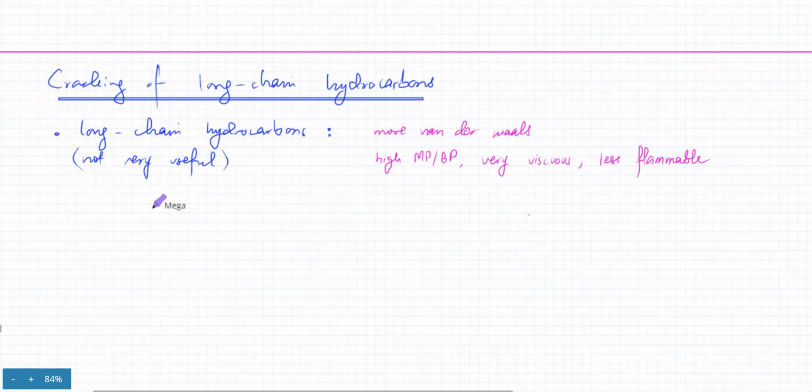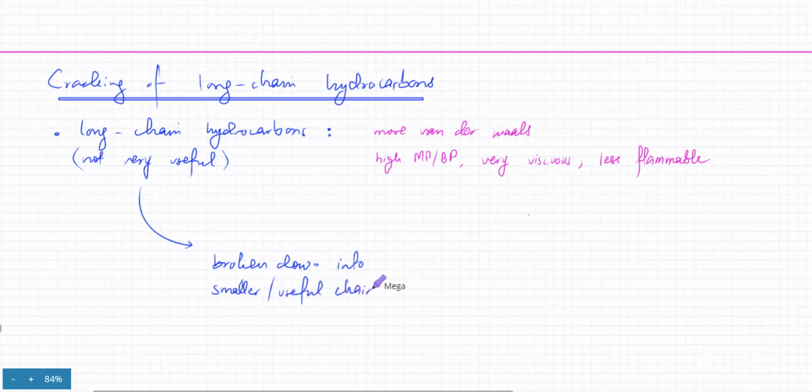So long chain hydrocarbons are not very useful and they're broken down into smaller, more useful chains. So they would have low melting and boiling points, like they're going to be gases or volatile liquids which flow very easily.